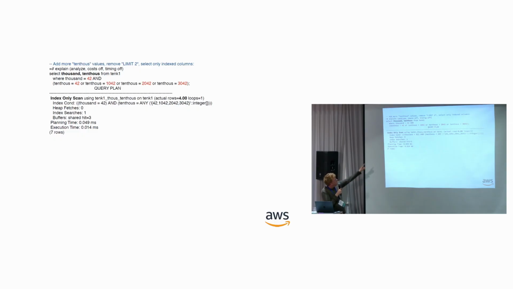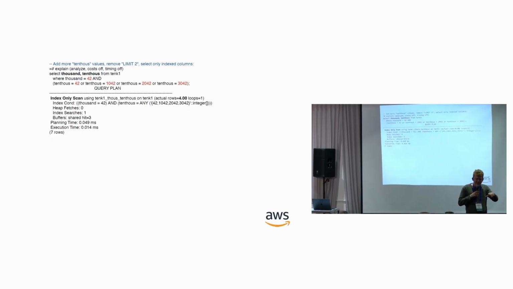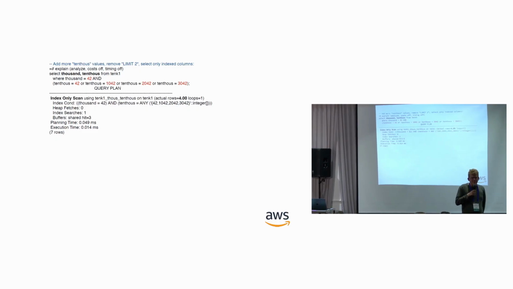Also, if we change it to get just the index columns, now we're getting an index-only scan, which is better still, because there's no such thing as a bitmap index scan that doesn't have a bitmap heap scan. Previously we had this undesirable consequence of using a bitmap OR for any OR condition.